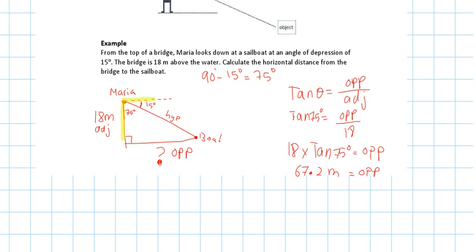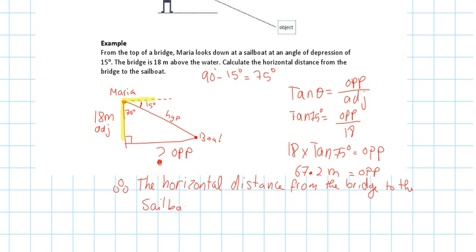So therefore, the horizontal distance from the bridge to the sailboat is 67.2 meters.